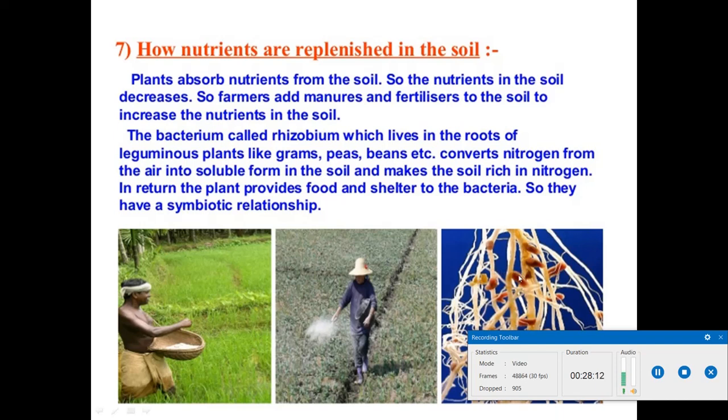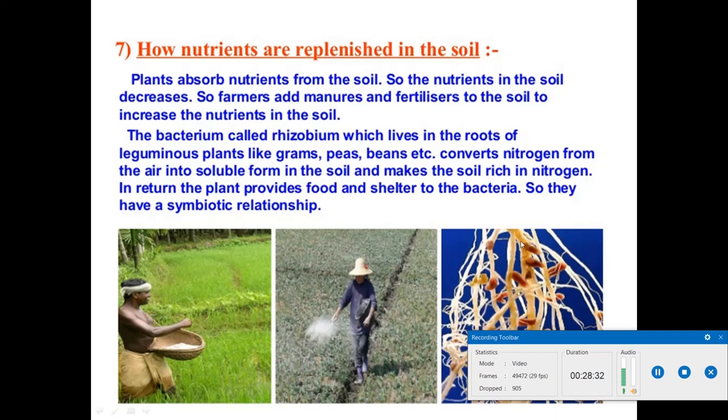Therefore, it enriches the nitrogen content in the soil. In return, it provides the nitrogen to the plants. If the soil is rich in nitrogen, the roots can easily absorb the nitrogen.